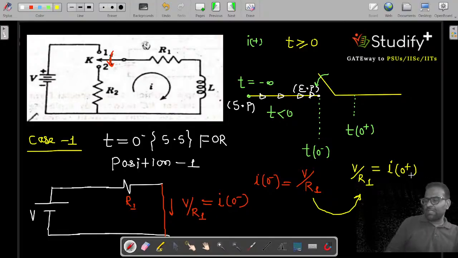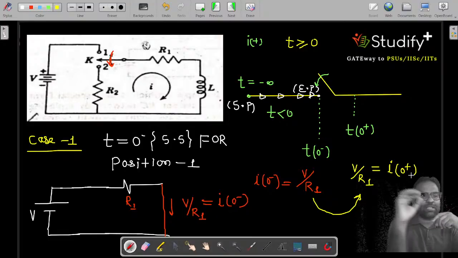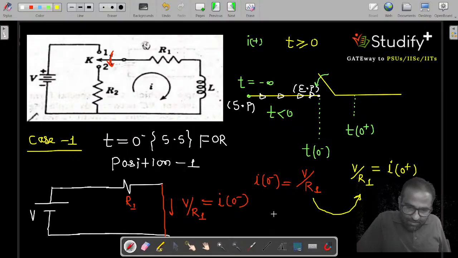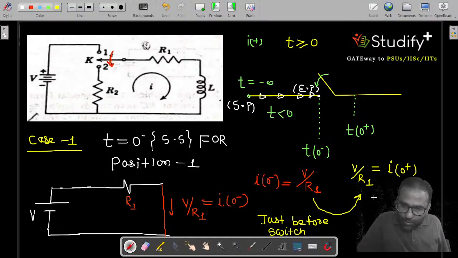Our whole concern is the behavior of the circuit for t greater than 0. Correct? So this is just before switching, and this point is just after switching.